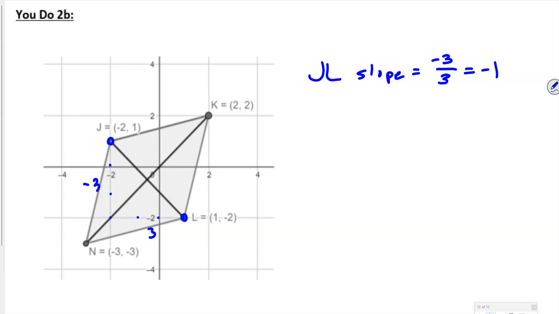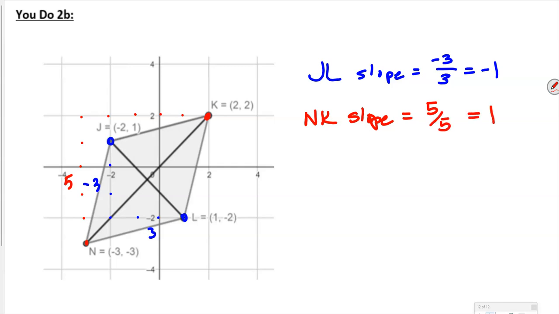Okay. Then we're going to look at the slope of NK. NK right there, okay? So on this one, we're going up 1, 2, 3, 4, 5. So we went up 5. So we're talking about NK. Slope again. We went up 5, and we're going over 1, 2, 3, 4, 5.